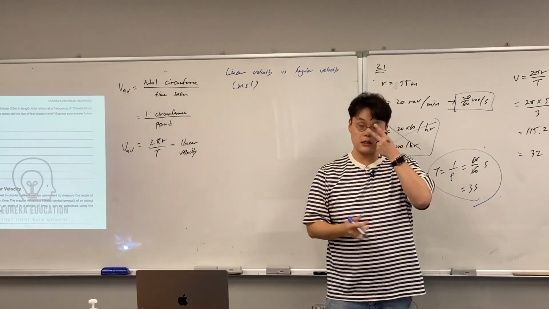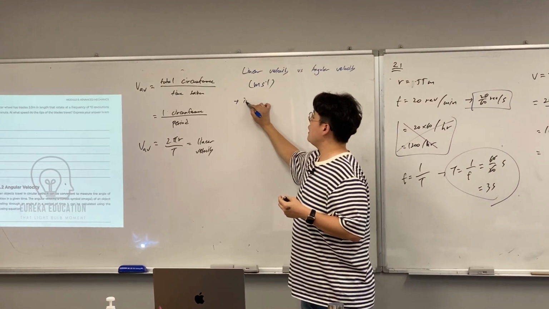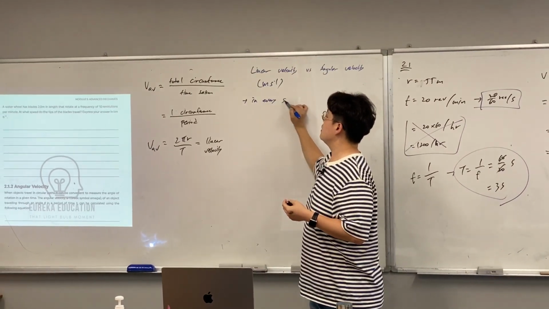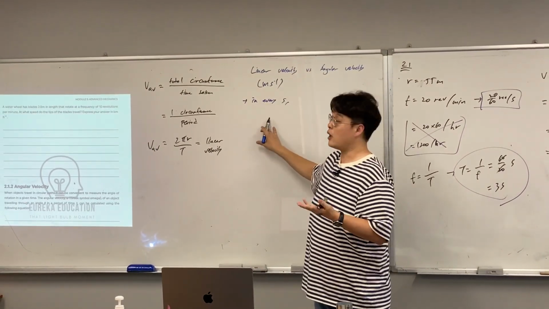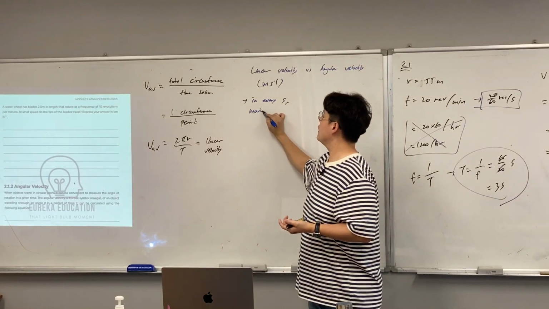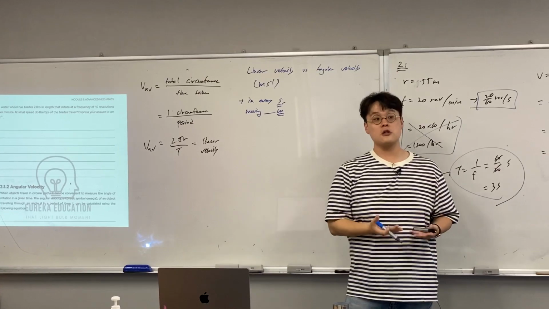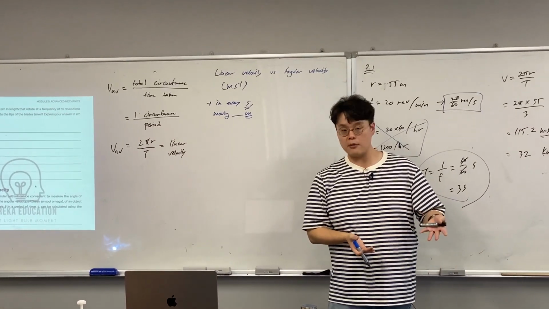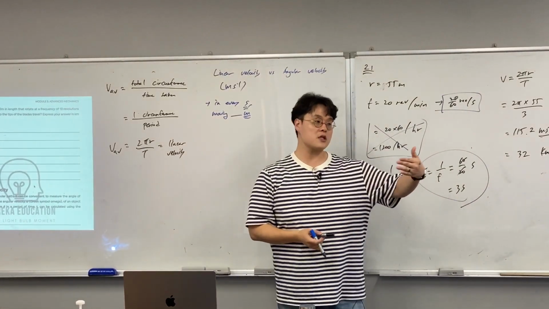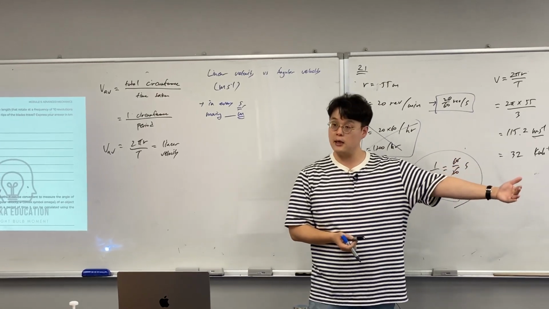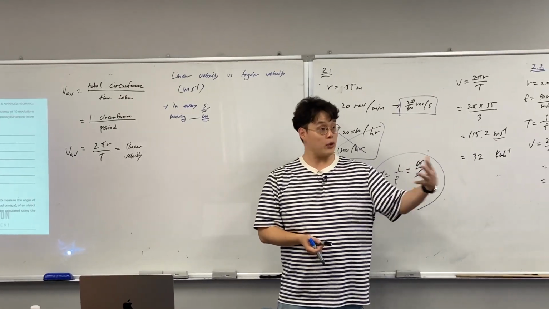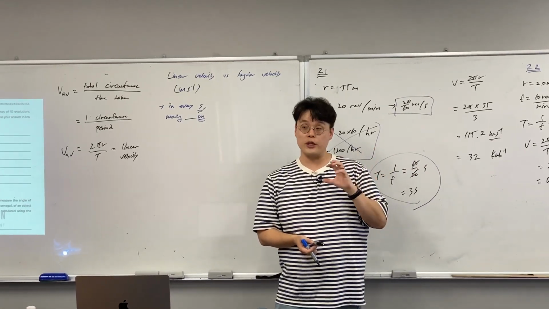It simply means that in every second, an object moves a certain number of meters. If you have 10 meters per second, in every second it moves 10 meters. Does it make sense? That's how we interpret the velocity or the speed unit.